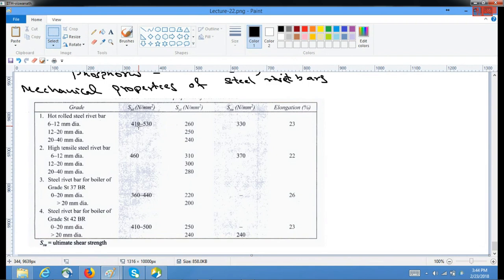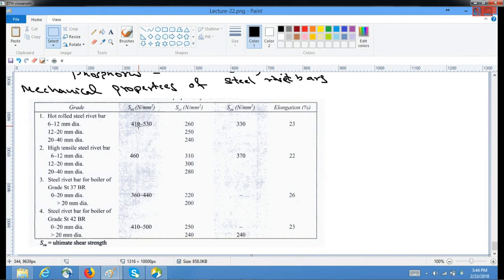The SYT is on a lower side with a percentage elongation of 26. And the steel rivet bars for the boiler applications are of the grade ST42BR, and it has very high strength of SUT ranging from 410 to 500, whereas SYT is lower, of the order of 250 to 240, and percentage elongation is also lower.